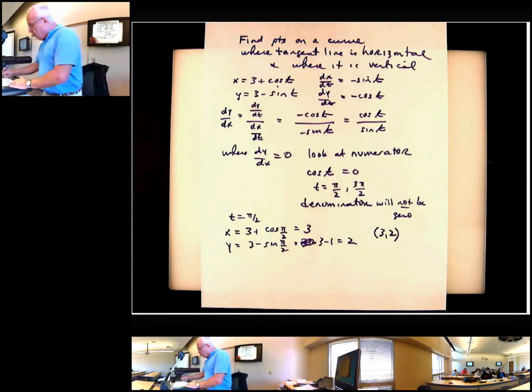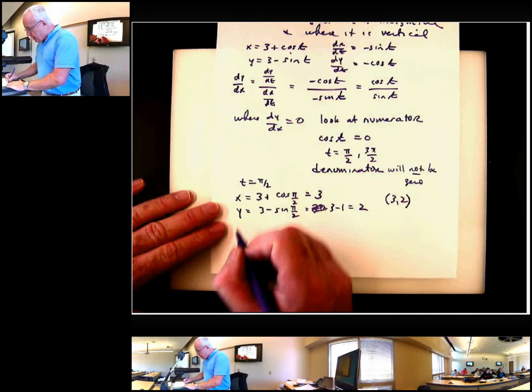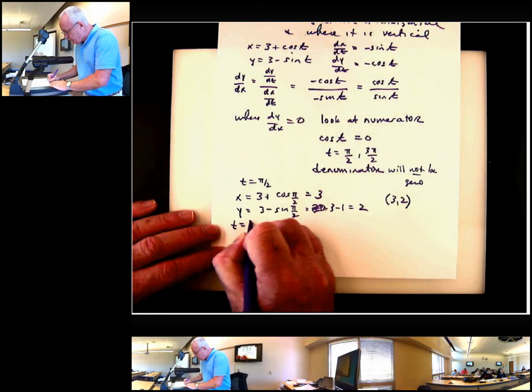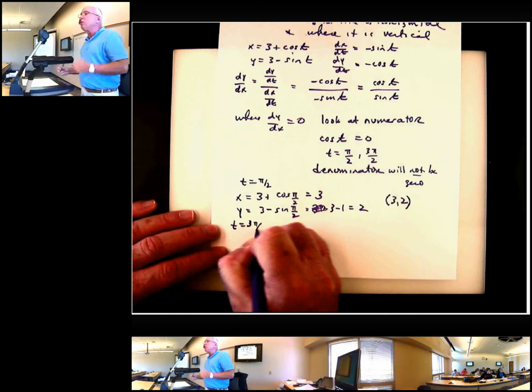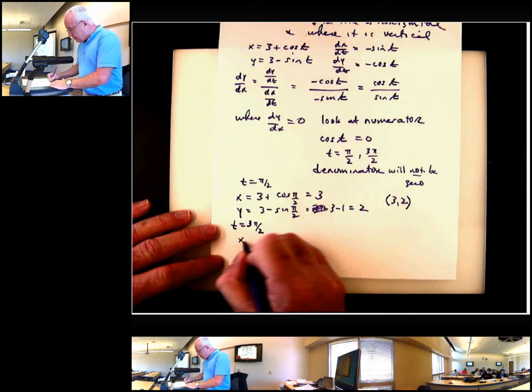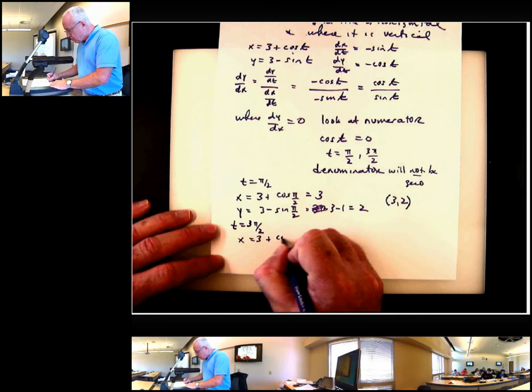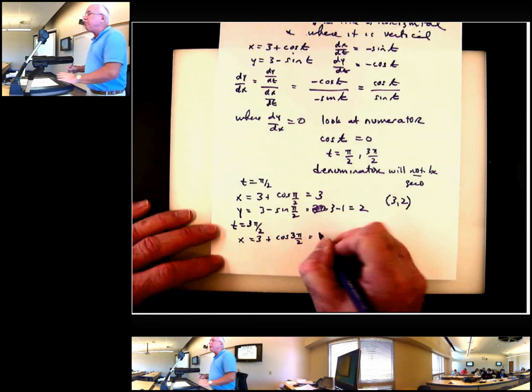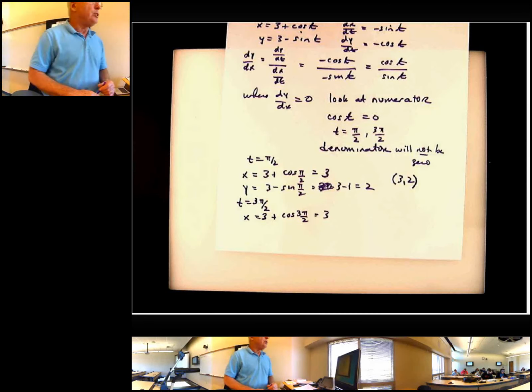However, if we also work with the other value, t equals 3 pi over 2, we will get another ordered pair. The x value is going to stay the same: 3 plus the cosine of 3 pi over 2, that's still just 3 plus 0, so it's 3.